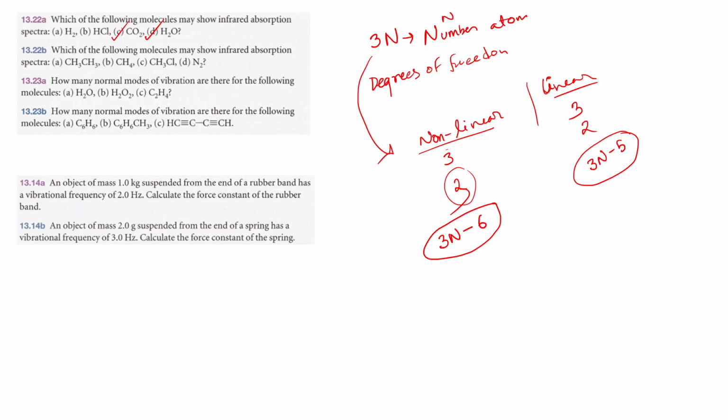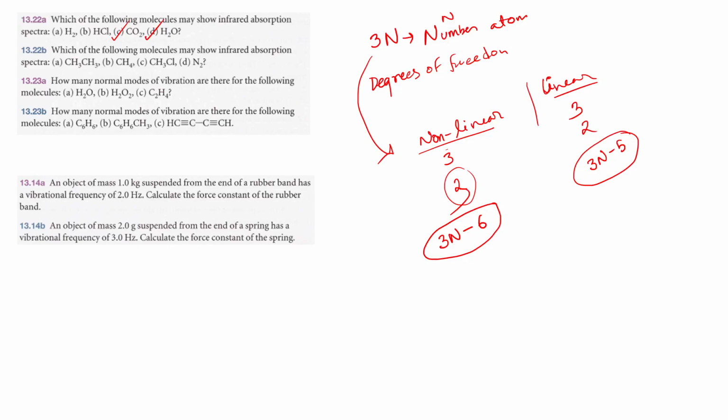How many normal modes of vibrations are there for the following molecules? We'll not calculate the exact number because we already have the formula. H2O is nonlinear. H2O2 is hydrogen peroxide. Is it linear or non-linear? It's actually non-linear. It can exist as two conformers. I'm not sure, but the OH bonds are in different planes, something like a book kind of system.